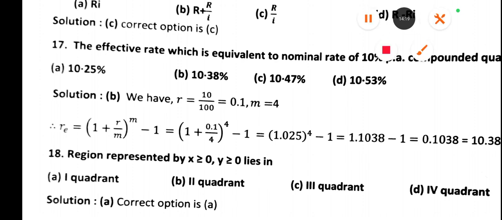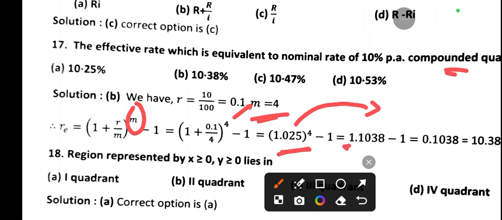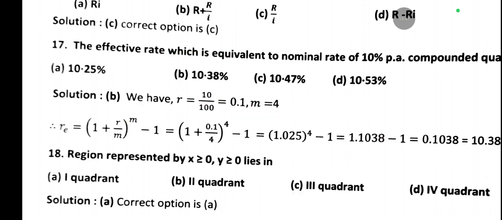Since quarterly, m equals 4; semi-annual, m is 2; monthly, m is 12. So 1 plus r by 100 whole power m, here 4. Why 4? Since they said it as quarterly. Simplify to get 1.025 whole power 4. If they didn't give the value, we have to multiply. We get the answer 1.1038 minus 1, 0.1038, that is nothing but 10.38%.